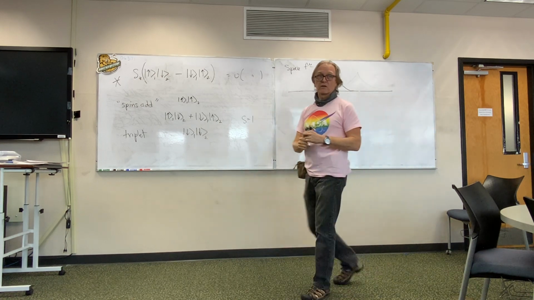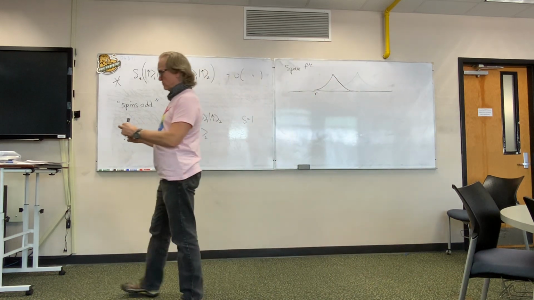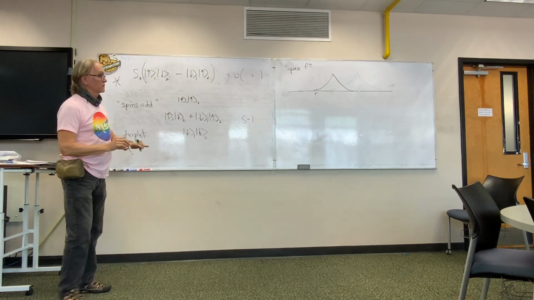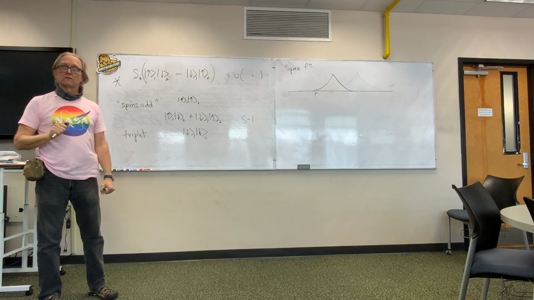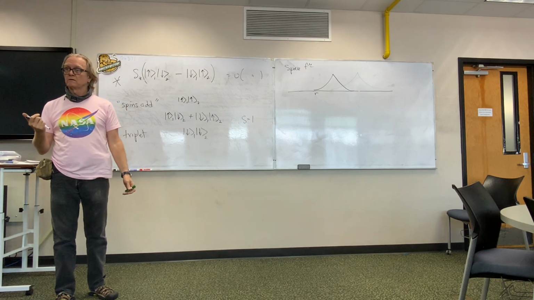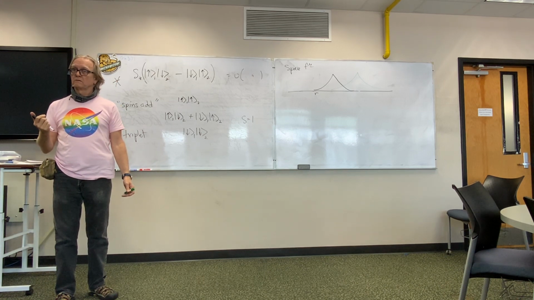So you can see, right? You've got the green electron and the black electron, and I can tell them apart. Is that okay? Why is that okay?